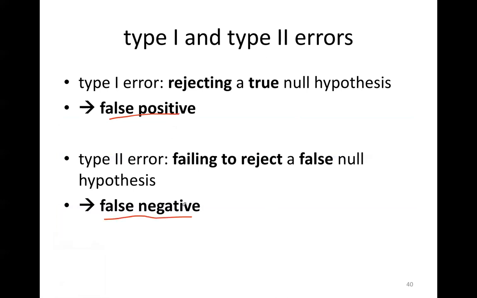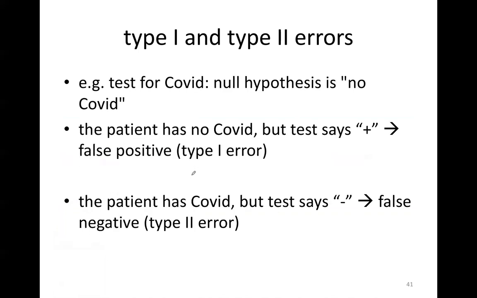And an easy way to imagine these outcomes is considering a COVID test result. For a false positive, the null hypothesis would be no COVID, right? And if the patient has no COVID, but the test is positive, that would be a false positive.